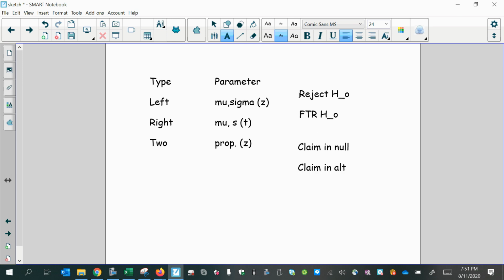So when you merge the different places your claim could fall with the decisions you could make about the null hypothesis, you can do kind of a tree diagram to see this. The claim in the null, you will either then from there reject or not reject.